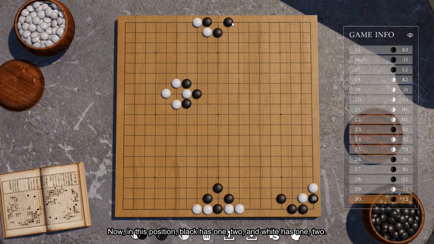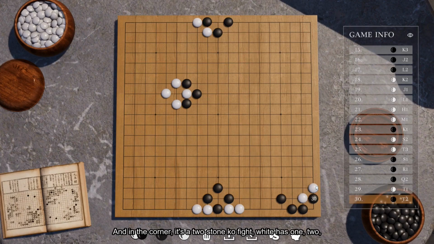Now, in this position, black has 1, 2, and white has 1, 2. Both sides have 2 stones each, so this position is a 4-stone KO fight. Below, black has 1, 2, 3, and white has 1, 2. So this is a 5-stone KO fight. And in the corner, it is a 2-stone KO fight.